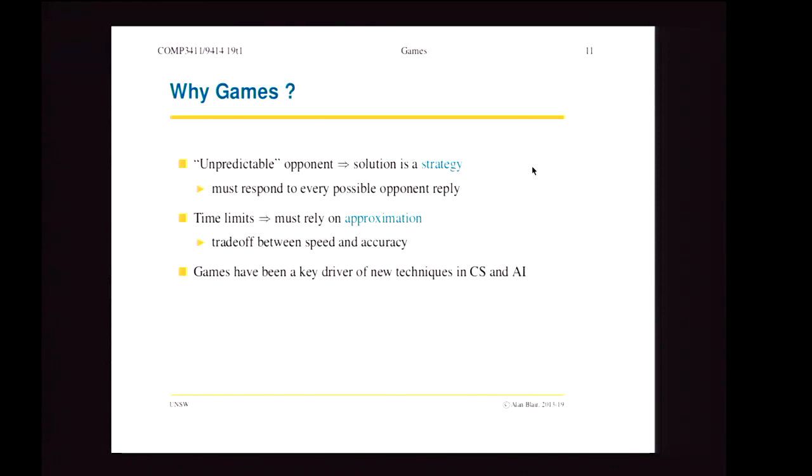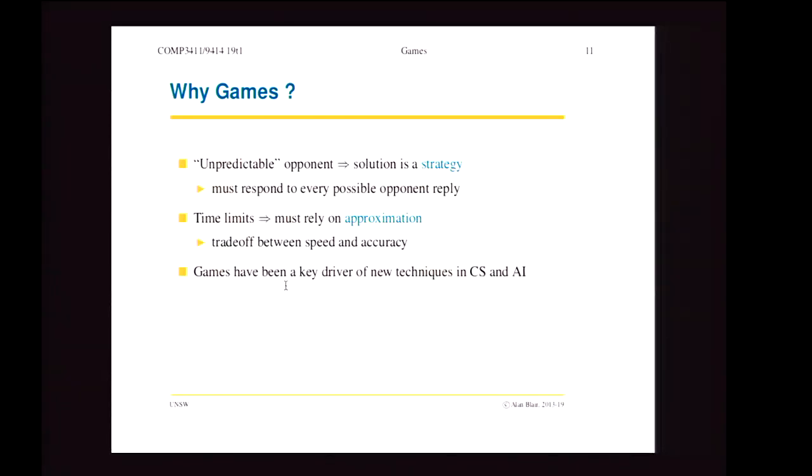You have this trade-off where either you evaluate a lot of positions, but using an evaluation which is very approximate and quick, or you have an evaluation which takes more time for each position, but you would then only be able to analyze fewer positions. So, there's this trade-off between speed and accuracy.